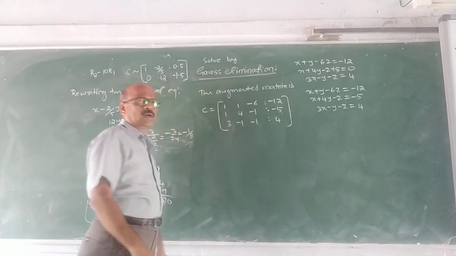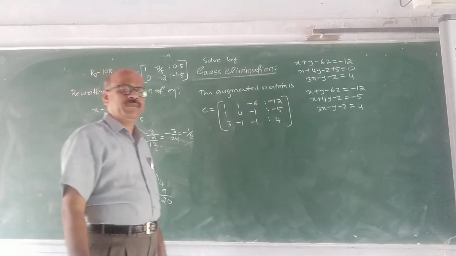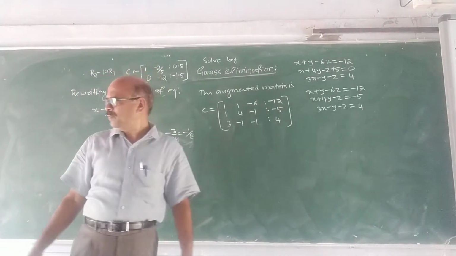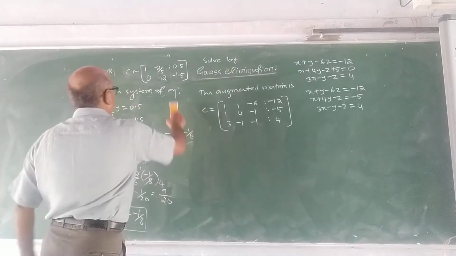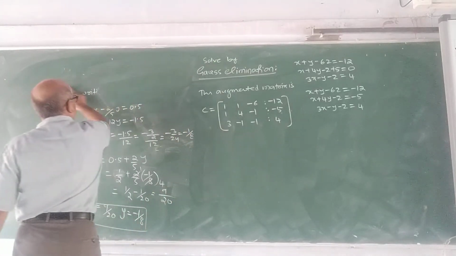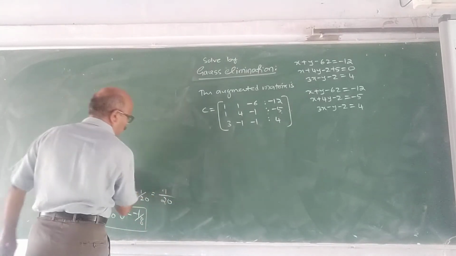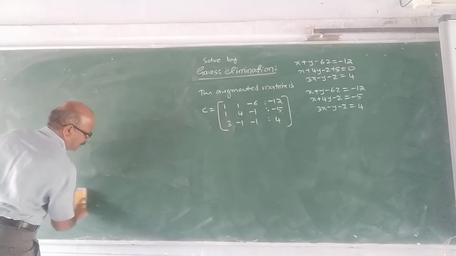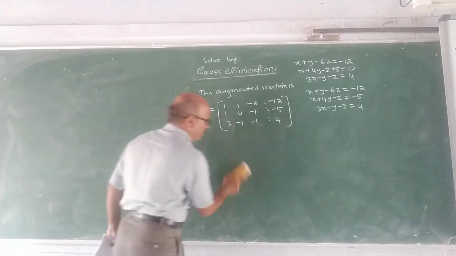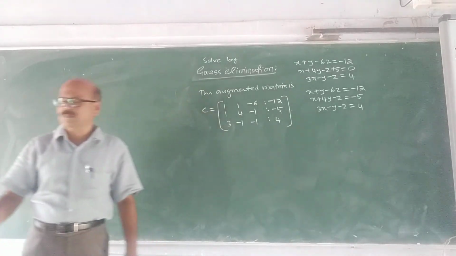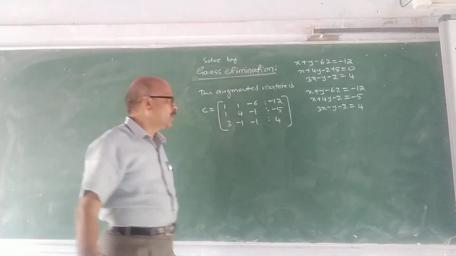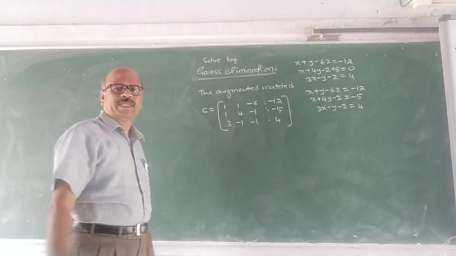This is called the augmented matrix. What is the procedure? What is Gauss elimination method? In this method, we reduce this augmented matrix to triangular form. Then rewriting the equations, we get the values of x, y, z by back substitution.